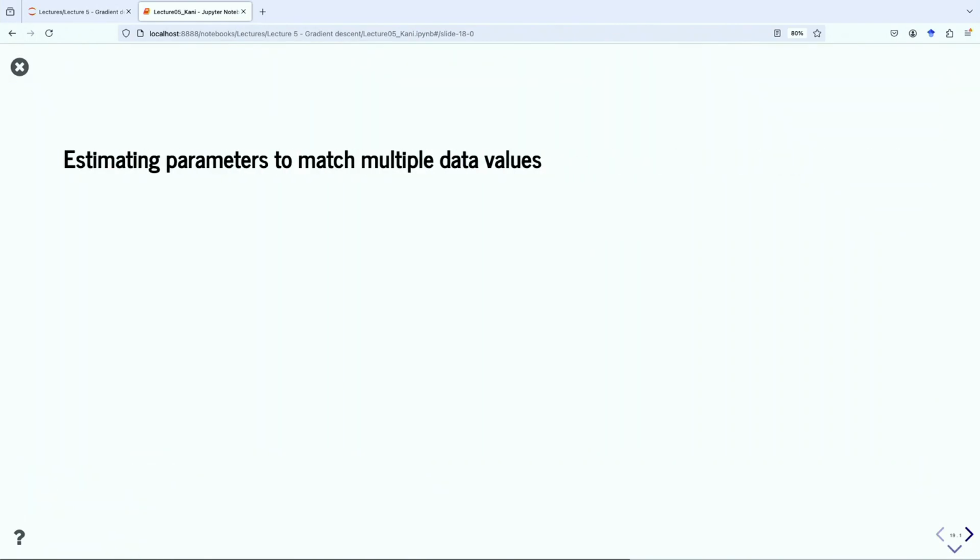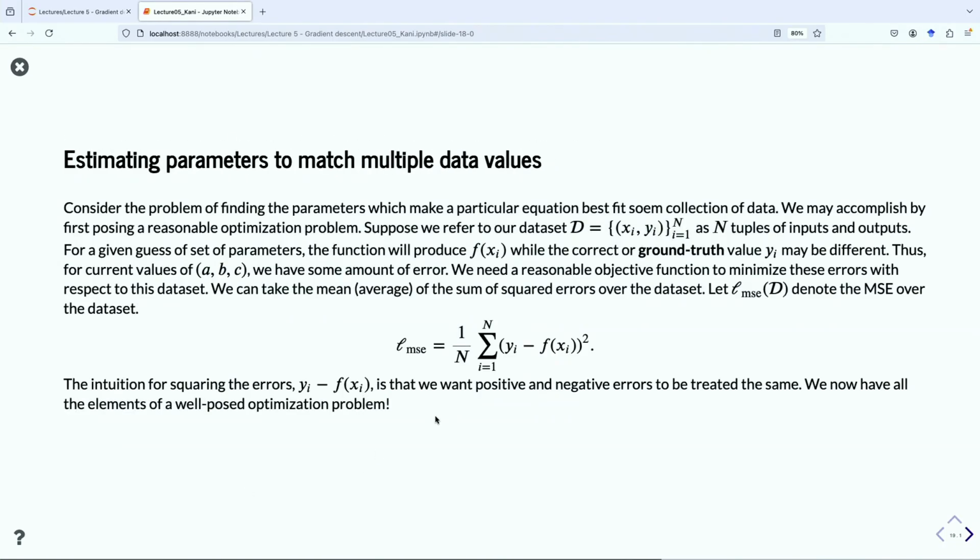So, if we want to match multiple data values, we can simply change the loss function, or the objective function, so that it is dependent on each one of the data values.